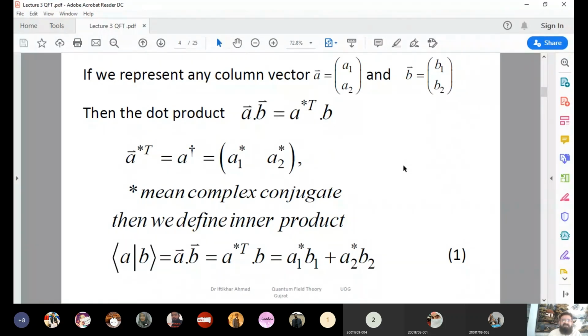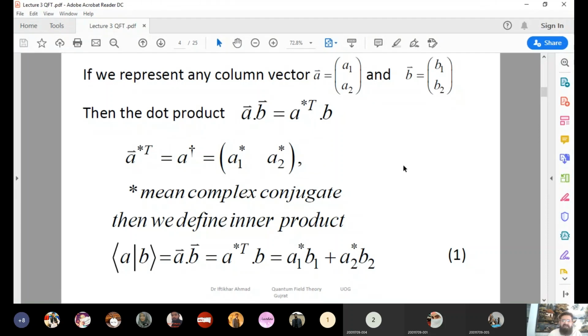Dagger means complex conjugate and transpose, so it is a row vector A1 star, A2 star. Here star means the complex conjugate of element A1 and similarly the complex conjugate of element A2.